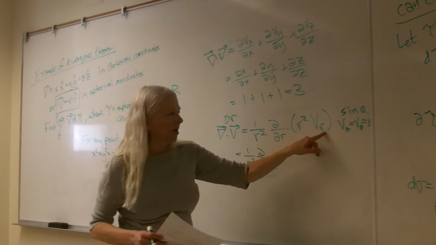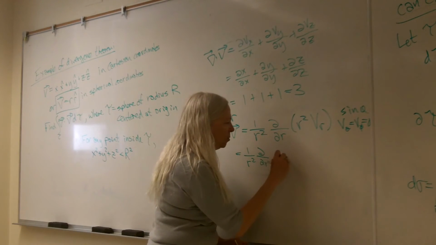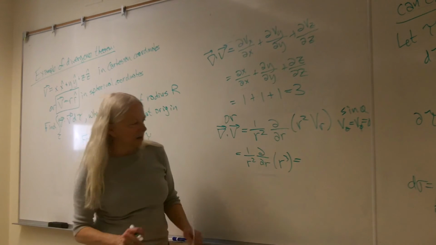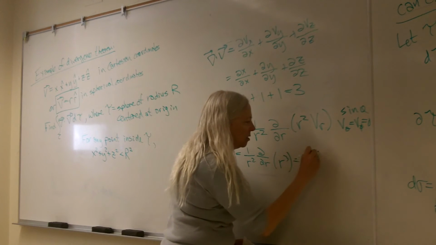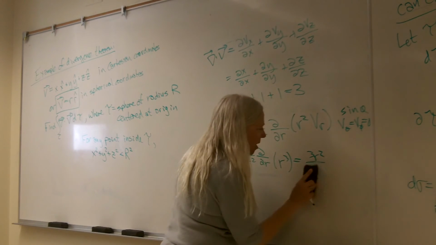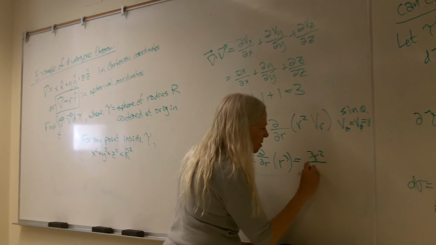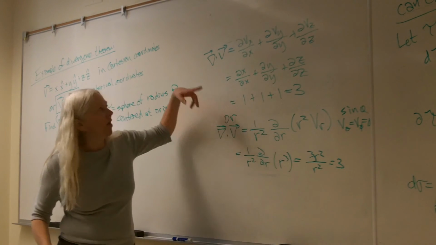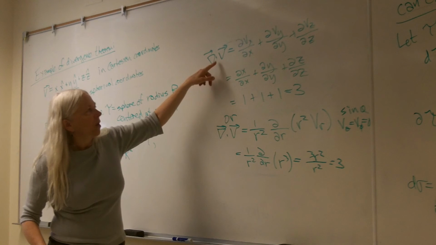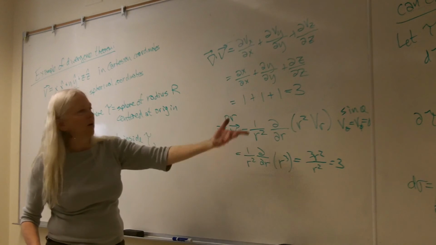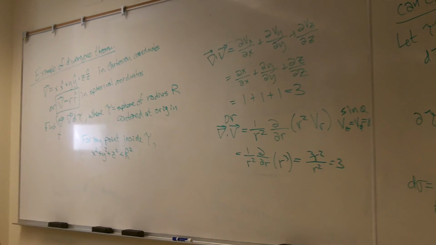So r squared times r is r cubed. The derivative of that with respect to r is 3r squared. And then we divide by r squared up front. So again, we get 3. So whether we evaluate the divergence of v in Cartesian coordinates or in spherical coordinates, either way we get the same answer, namely 3.